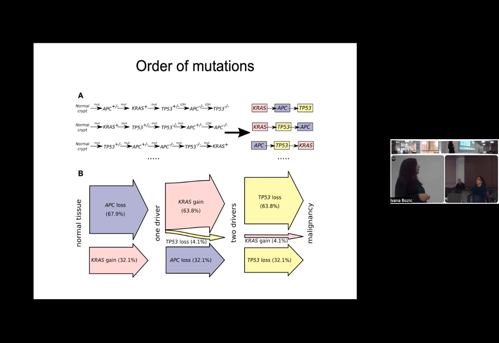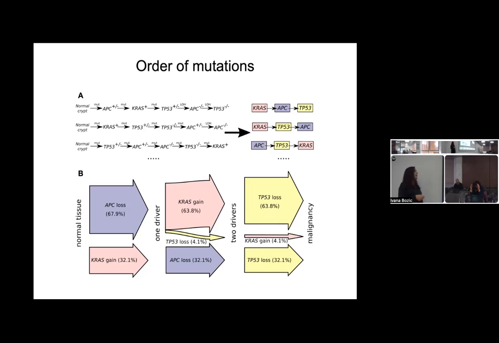And if we look at it that way, we see that in about 2/3 of cases, APC was the first mutation to be collected, followed by KRAS, followed by TP53, which is interesting and exciting because it is basically what we think is happening in patients as well. Although we do see in about 1/3 of the patients that KRAS could be the first one, followed by APC.